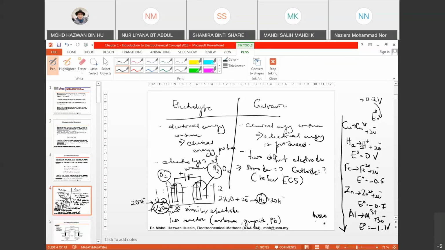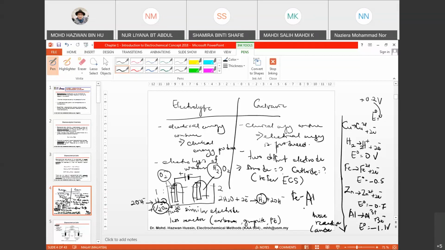So the more reactive elements will be anode, so it tends to form anode. So imagine that if you have Fe to aluminum pairing, which one will be anode, which one will be cathode?